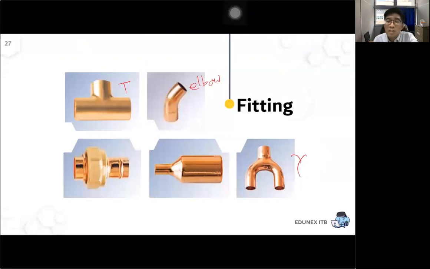It means you need to change the direction of the fluid in order to fulfill the requirement. Elbow itself, you will have 45-degree elbow or maybe 90-degree elbow. This is the diffuser, and this is the sudden contraction.